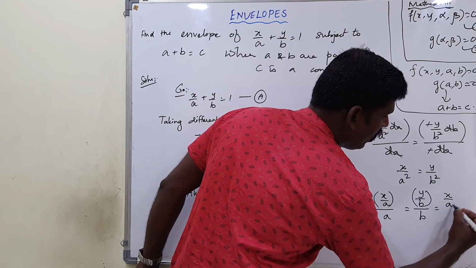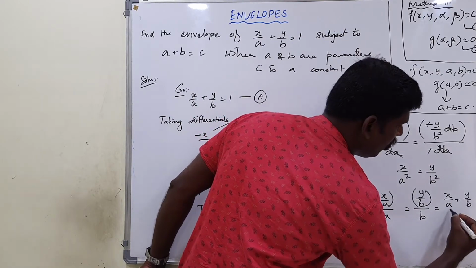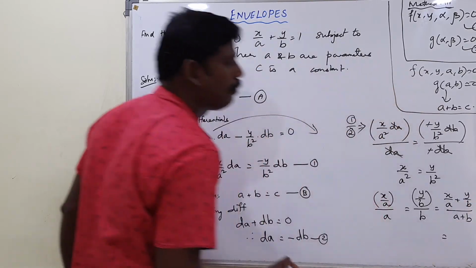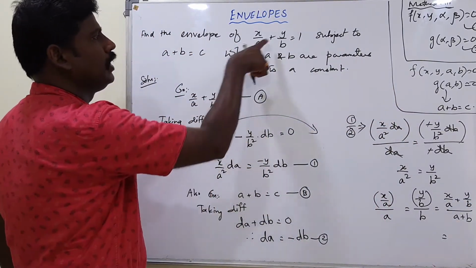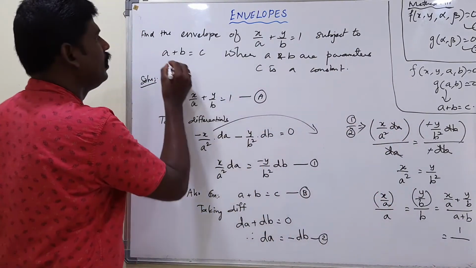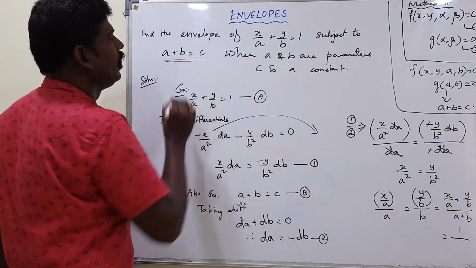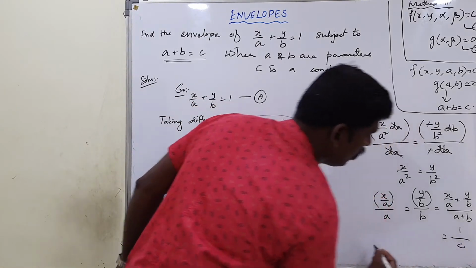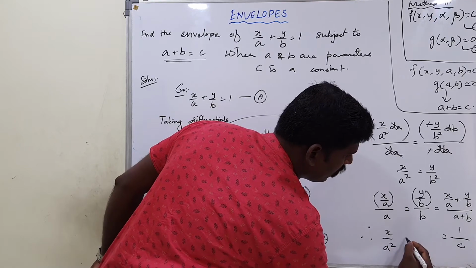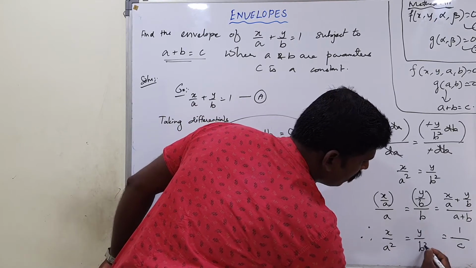So x by a plus y by b by a plus b. What is the value of x by a plus y by b? It is 1, given in the problem. And the value of a plus b is given in the relation: a plus b is c. Therefore I can rewrite it as x by a square equal to y by b square equal to 1 by c.